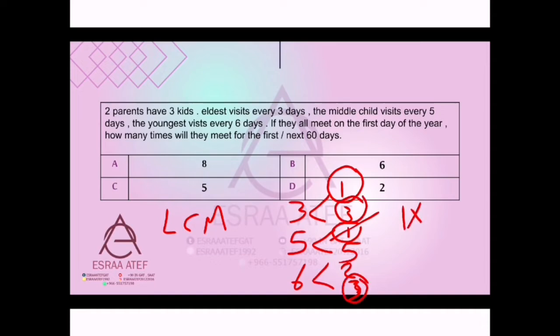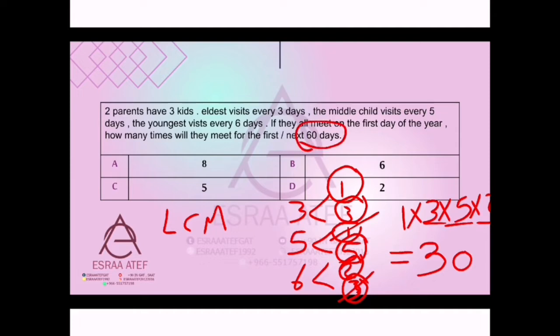The 5 is not repeated, so times 5, and then we have 2, so times 2. 3 times 5 times 2 gives me 30. So they will meet each other every 30 days. Here we have 60 days, so they will meet 2 times, so the answer will be 2.